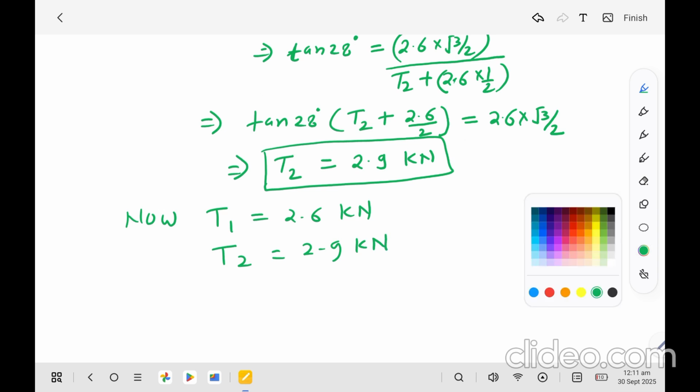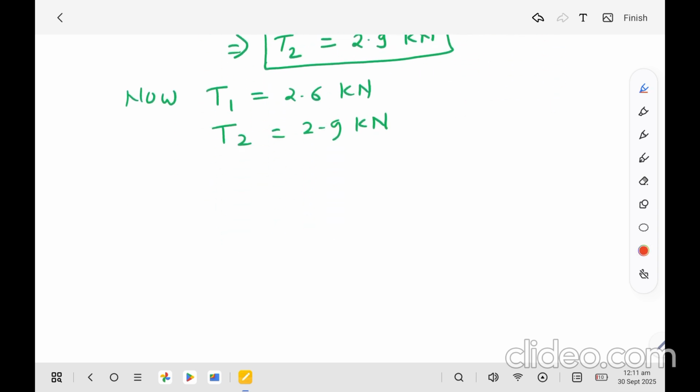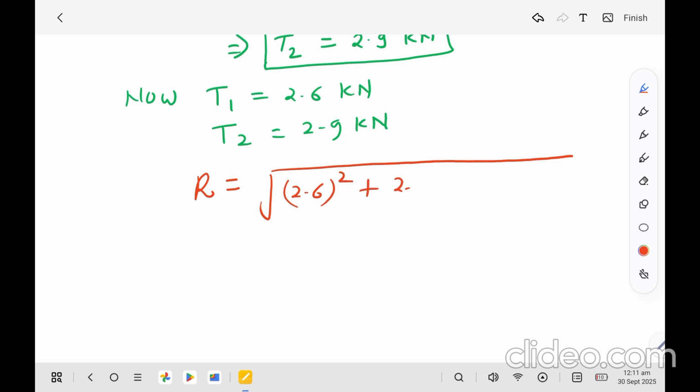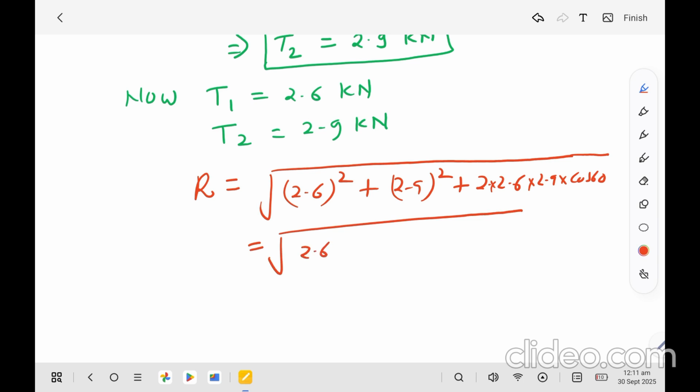Okay, the unit is same, so now we can use the resultant formula R equal to root of 2.6 square plus 2.9 square plus 2 into 2.6 into 2.9 into cos 60, that is 1 by 2.